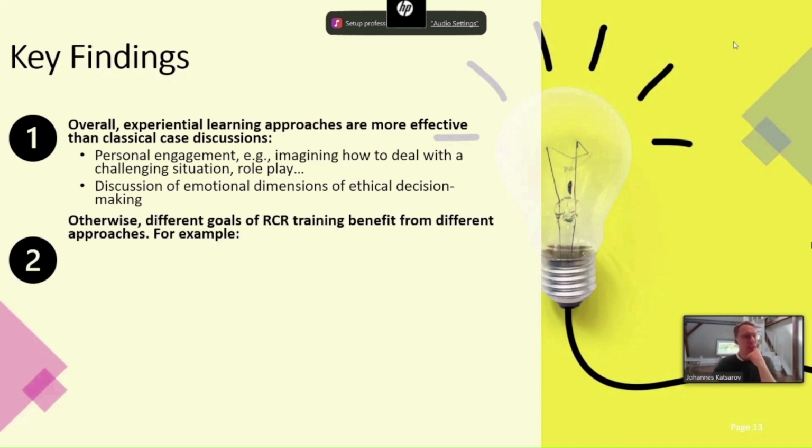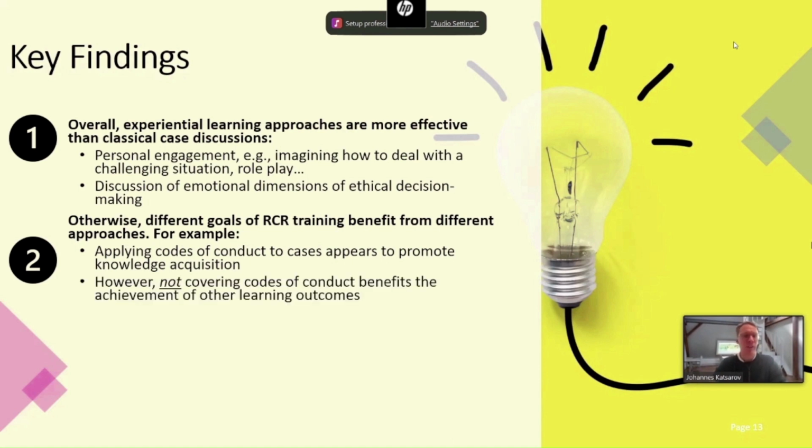What we also saw is that different goals of RCR training, or responsible conduct of research training, benefit from different approaches. For example, applying codes of conduct to cases appears to promote knowledge acquisition. However, not covering codes of conduct appeared to benefit the achievement of other learning outcomes.